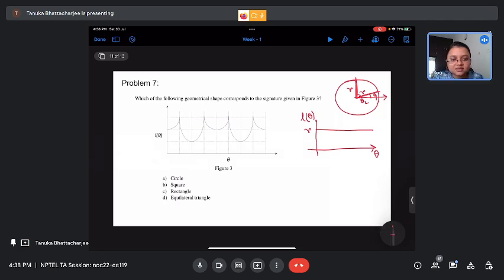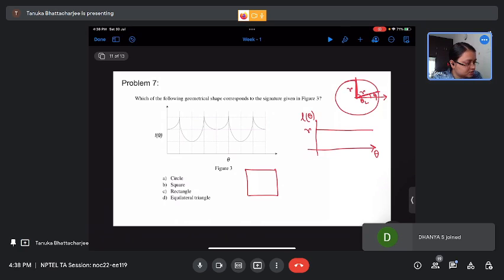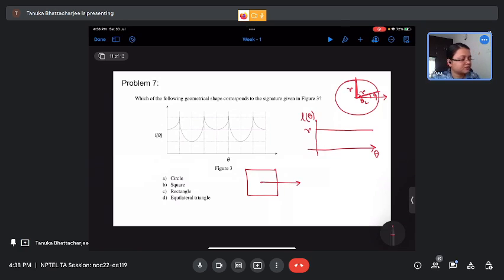Next let us move on to the square. Let's have a square like this. Now we need to find the signature for the square. Let's take the centroid here and the reference direction is here.